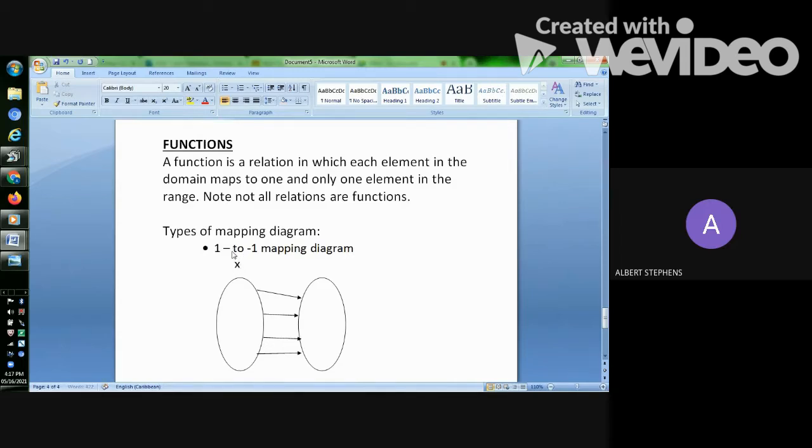This is our x values, and this is our y values, right? And it says what? A function is a relation in which each element in the domain maps to one and only one element in the range. All right. So remember, x values are called what? They're called domain, and y values are called range.